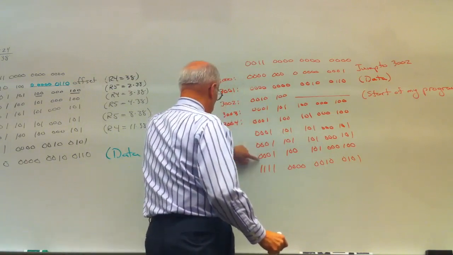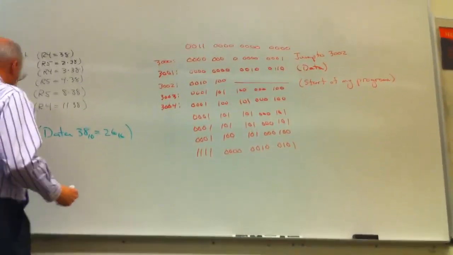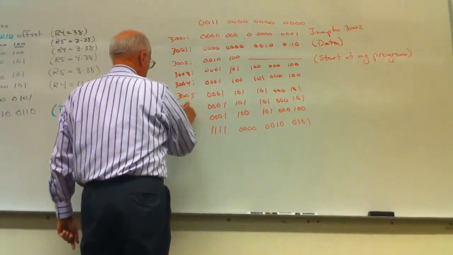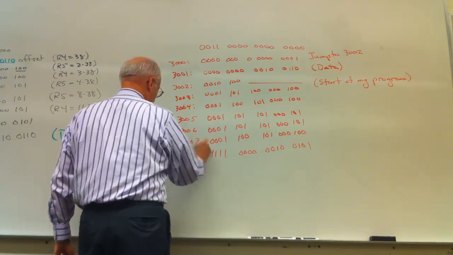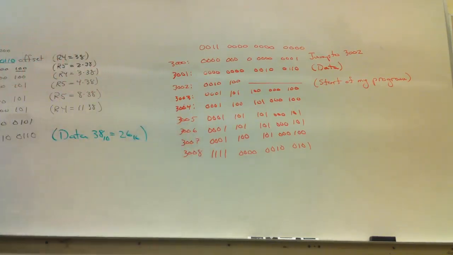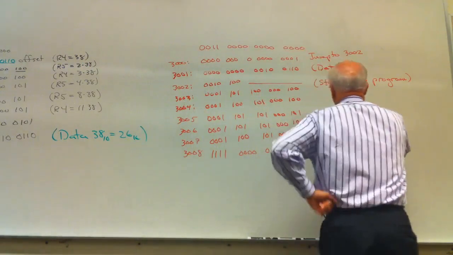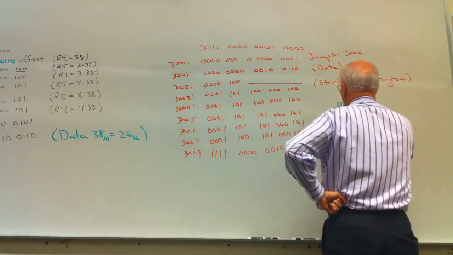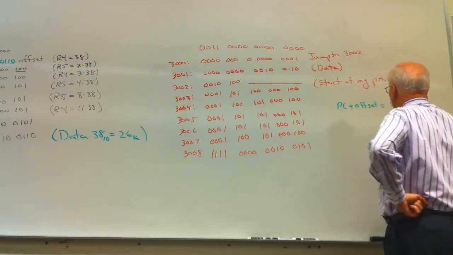Now let's see. 2, 3, 4, 5, 6, 7. 7, yeah, okay. 0, 0, 6. Okay, now I've still got to figure that offset. What's the offset going to be? Well, remember, we want to take the program counter plus the offset, which has to be the address of where the data is.